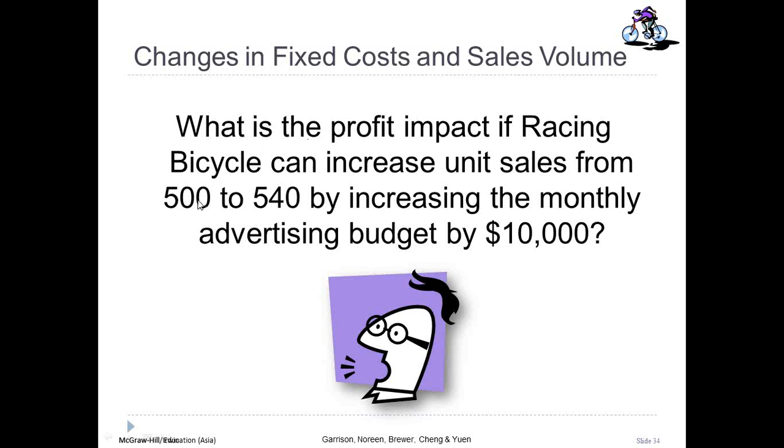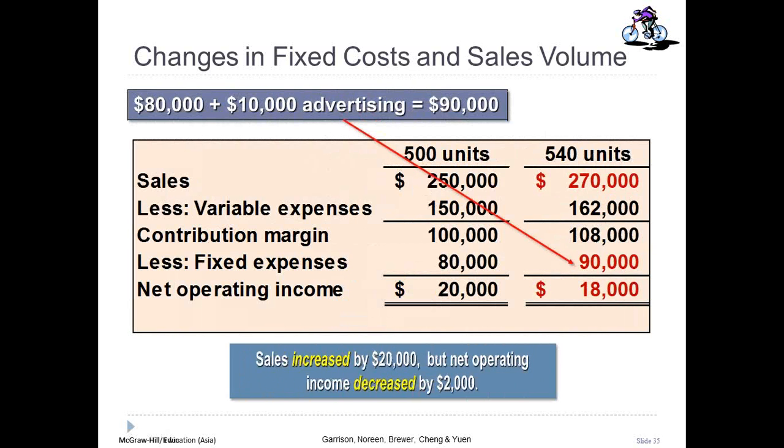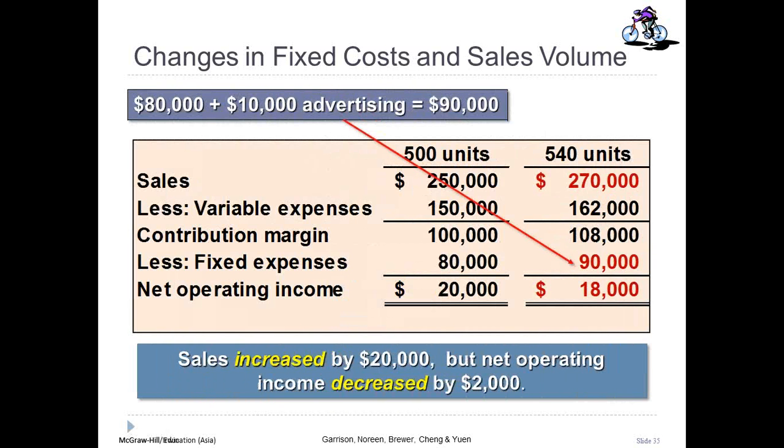So again, if the increase in unit sales is coming from additional advertising, is this increase more than the $10,000? These are the types of questions we get asked. So let's work through the problem.